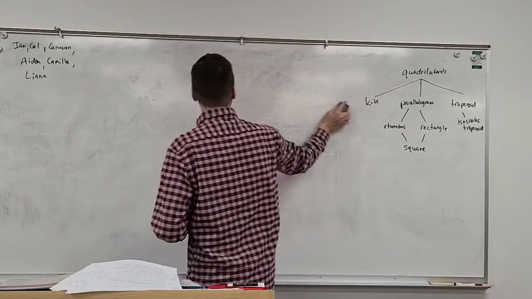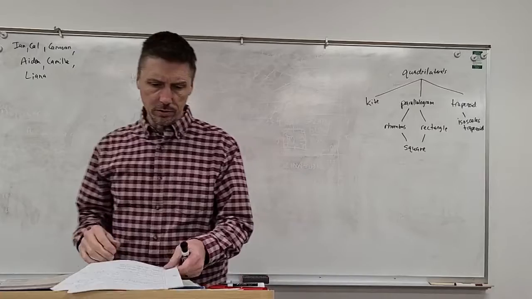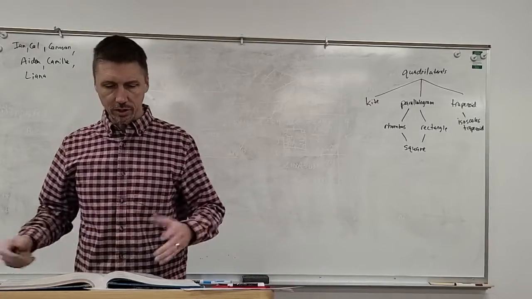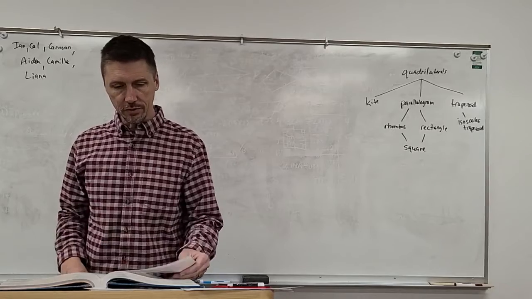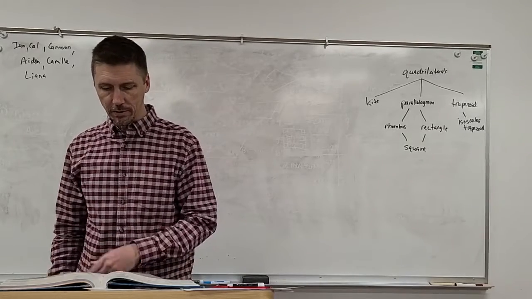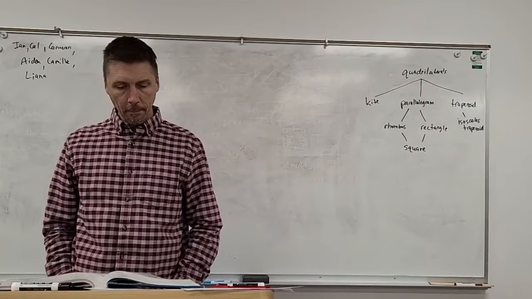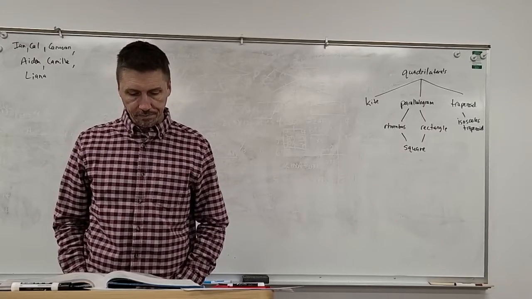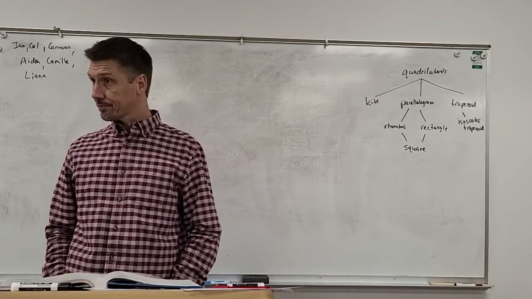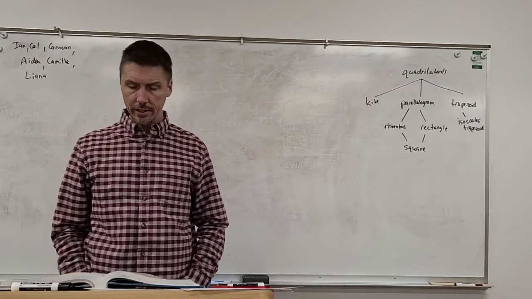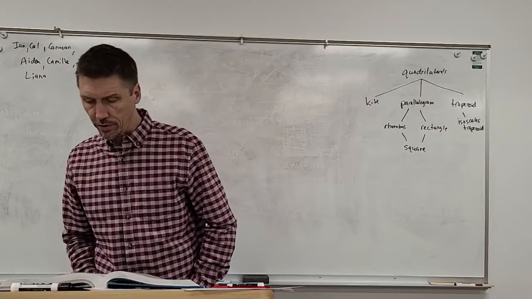So let's see if we can do some examples. And this is where I'm going to turn it over to you guys and give you an opportunity to work the example while I finish grading here. So what we're going to do is example 3. And in example 3, we're trying to show that it's a rhombus.